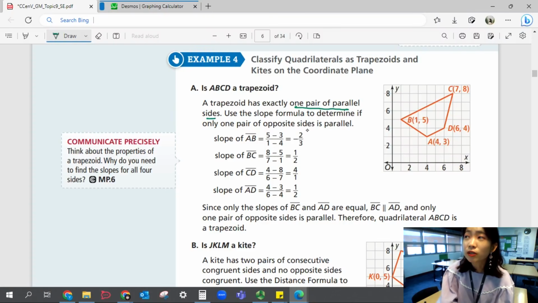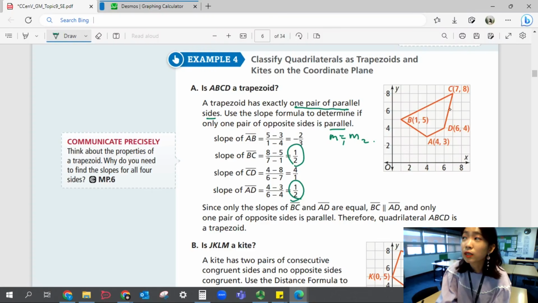Use the slope formula to determine if only one pair of opposite sides is parallel. So figure out all the slopes in this case, and then see if there's any slopes that are the same, not opposite reciprocals. That's for perpendicular slopes. In order to be parallel, the slopes must be equal to each other. Okay, so you see 1 over 2 here, 1 over 2 here.